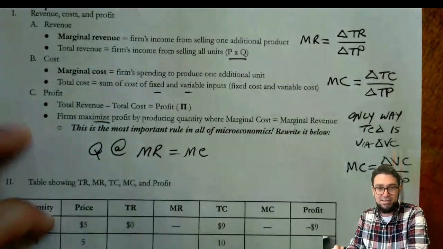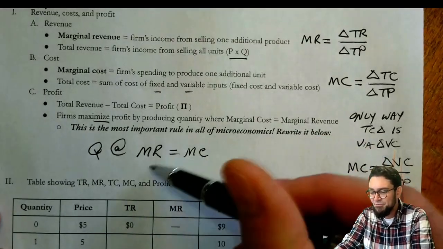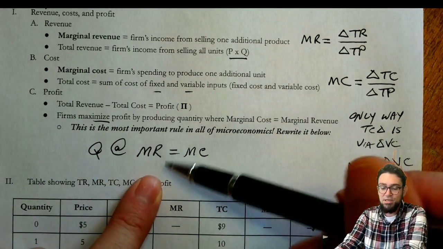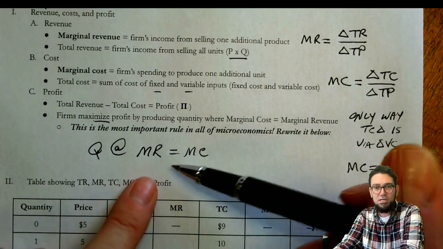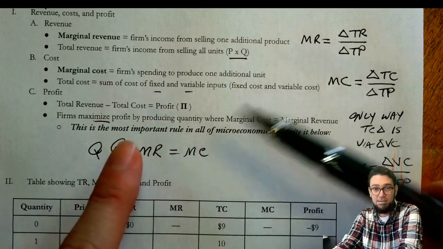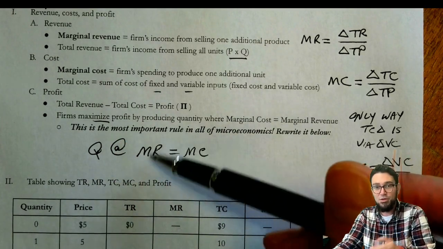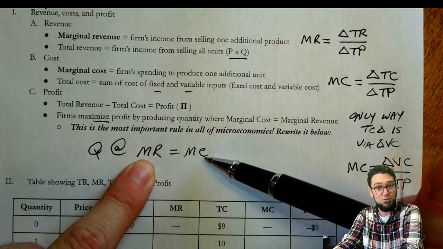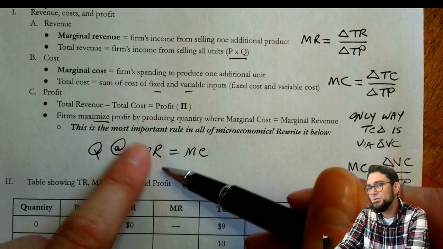Now, one caveat to that is that if you got to a scenario where you could go from the 3rd to the 4th unit, and when you did that, the marginal cost was bigger than the marginal revenue, but at the 3rd unit, the marginal revenue was still bigger than the marginal cost, you would want to produce only the 3rd unit.